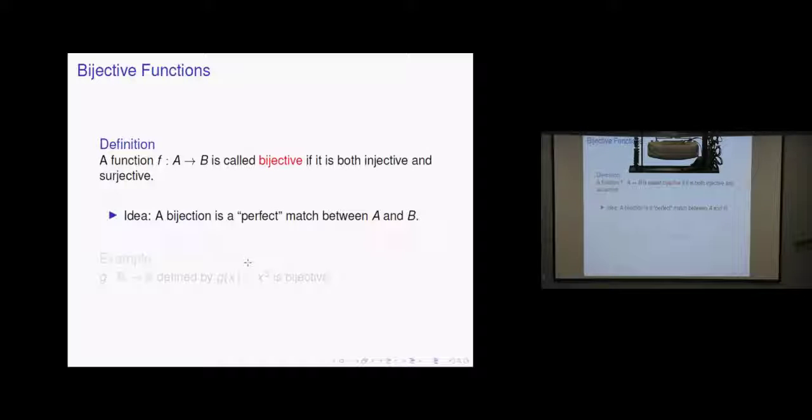It is also called one-to-one correspondence. So you can match the elements in A and elements in B in a certain nice way, right? For example, we have seen that g(x) is x cubed is bijective because we have seen it is both injective and surjective.